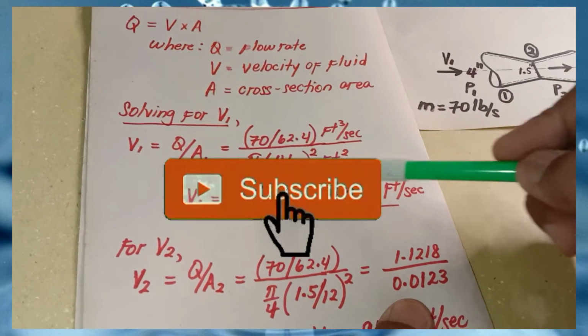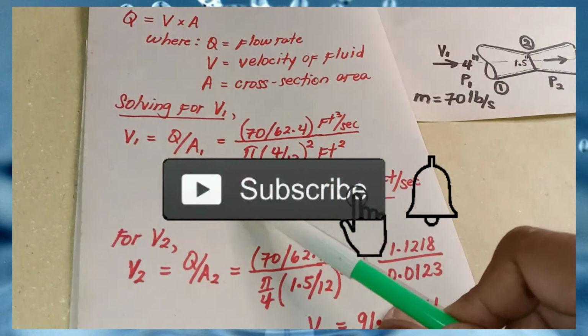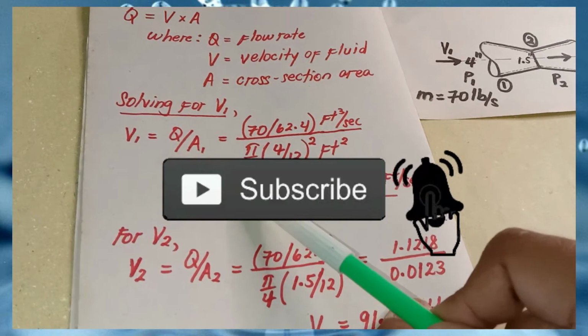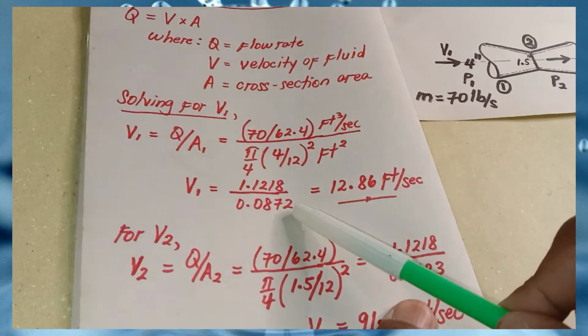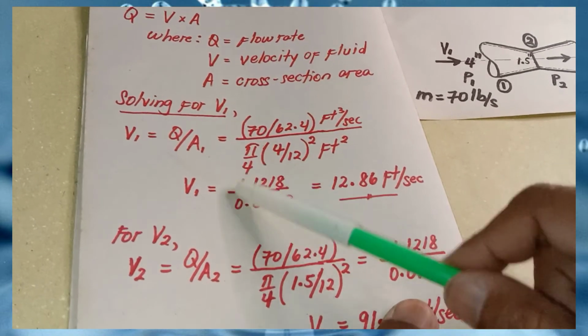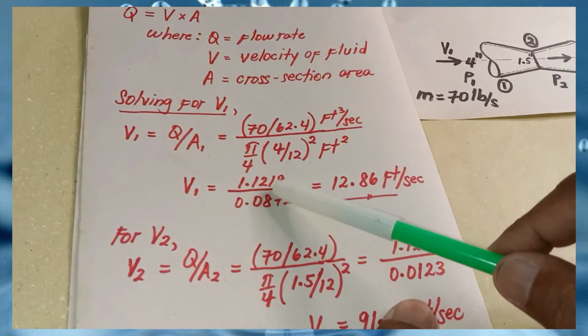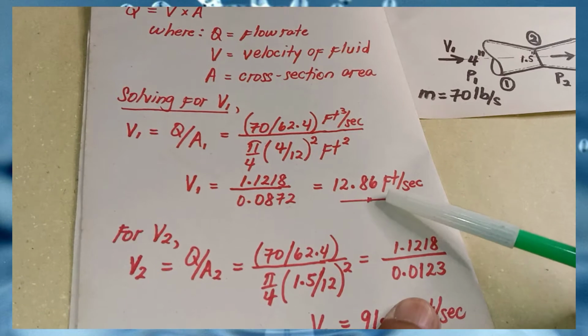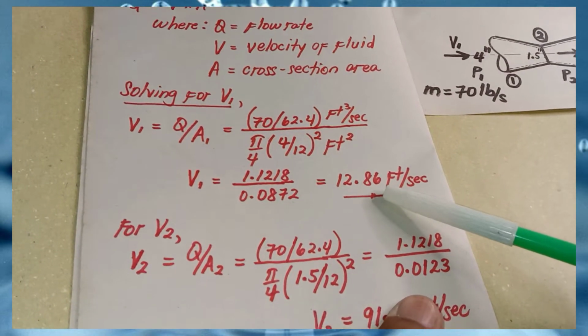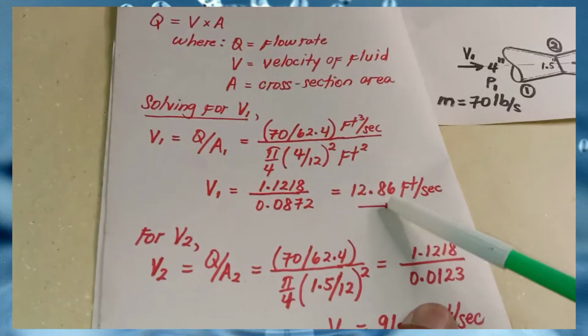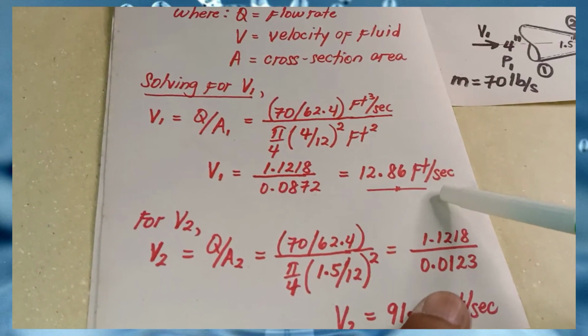So by dividing these values, we have 1.1218 over 0.0872. Dividing these two values, the result V1, or the initial velocity of the fluid entering the pipe, is 12.86 feet per second.